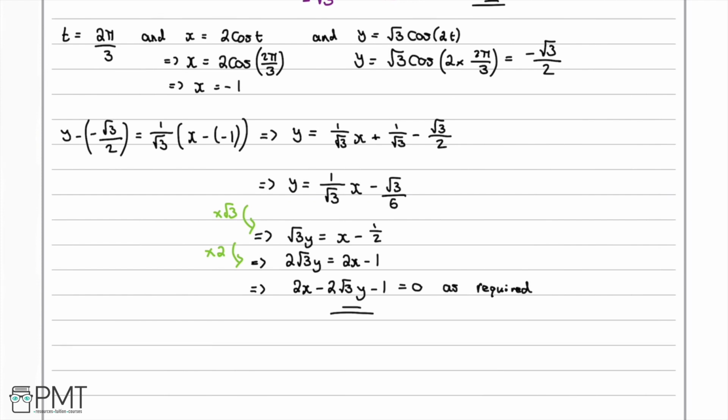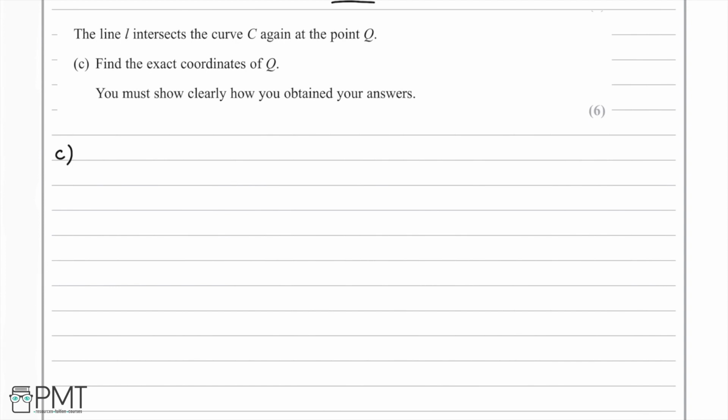Now taking a look at part C of this question, we're now told that the line L intersects the curve C again at the point Q. So we already know that the line L intersects the curve C at the point P from part B, but we're now told that the line intersects the curve again at the point Q. And what we're being asked to do is to find the exact coordinates of Q. So we're going to quickly recall that x is equal to 2 cos t and y is equal to root 3 cos 2t.